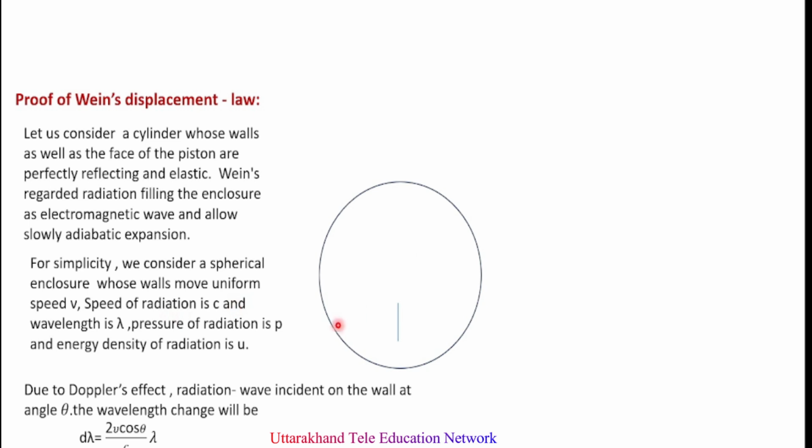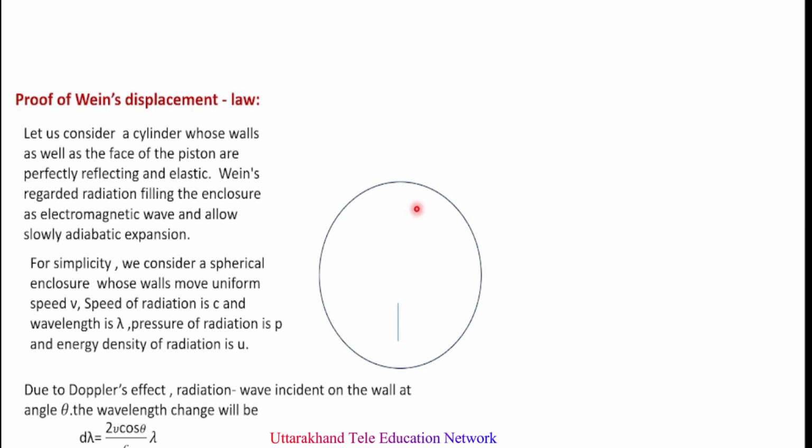Now small p is the pressure of this radiation and u is the energy density. Inside this enclosure there are two things. One is that the walls of the enclosure move with a velocity, and second, radiation also moves inside with velocity c.